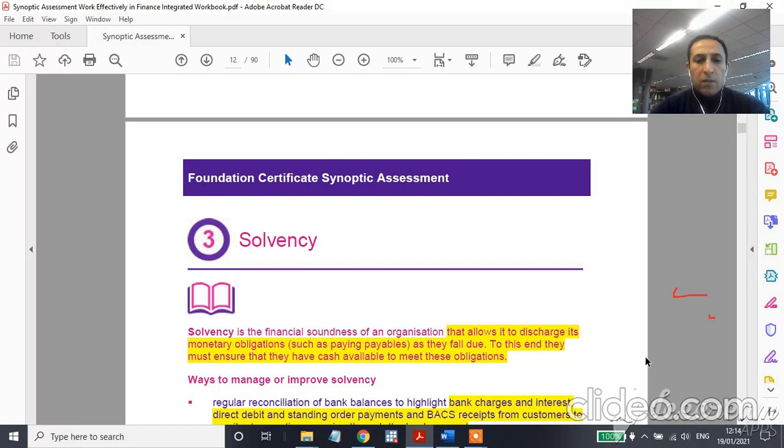The purpose of 30 days or 10 days is obviously to ensure you get cash back on time, and this allows you to manage your cash and ensure you have sufficient cash at the bank.